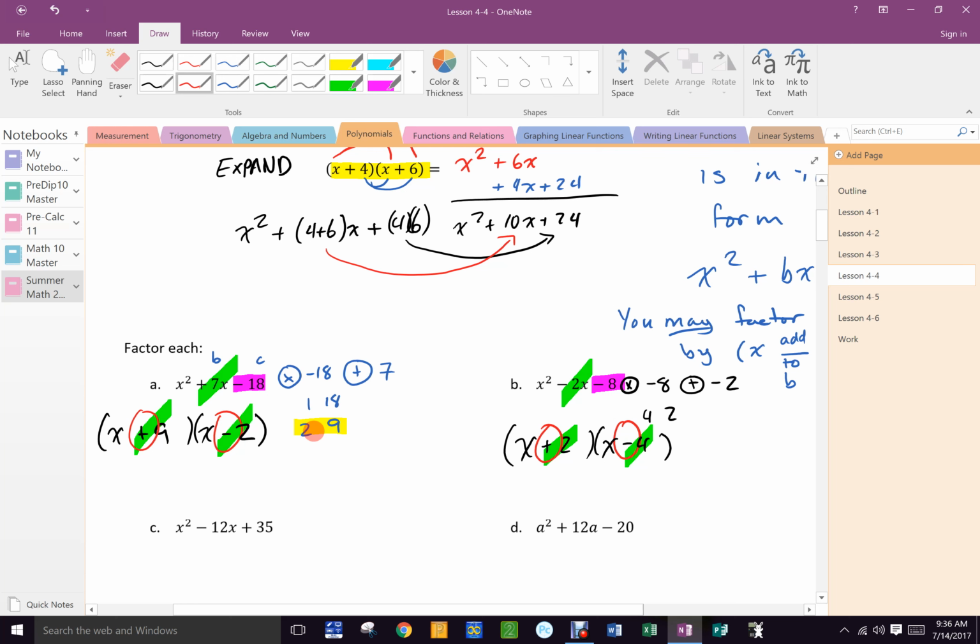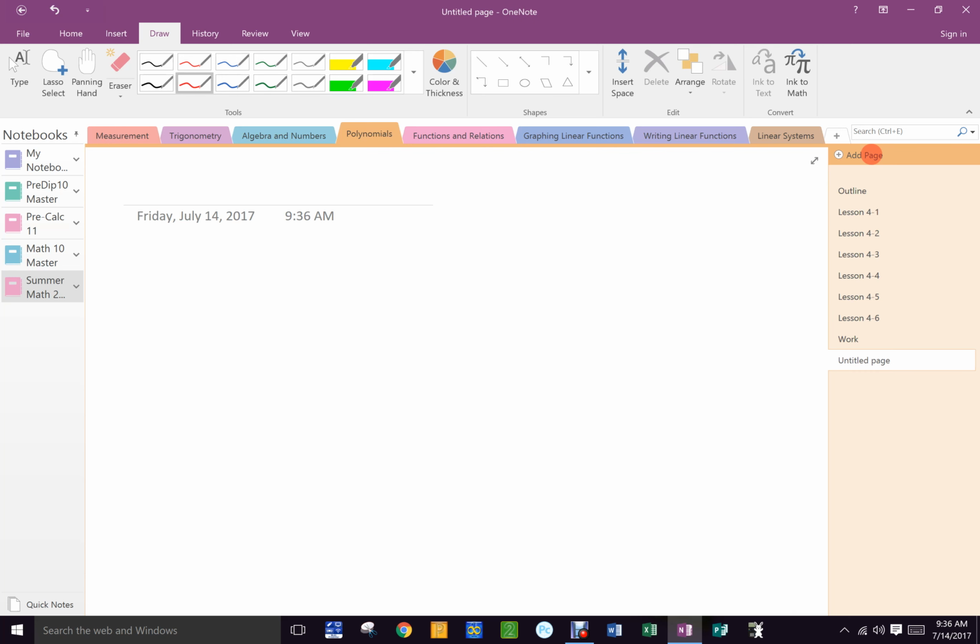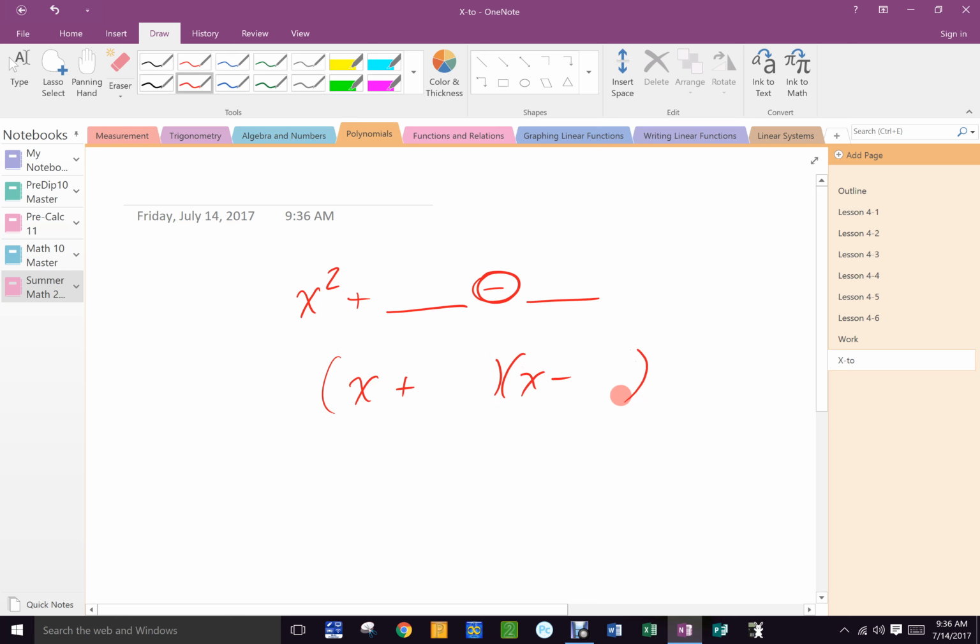Always. So don't write this down. You should be thinking this. If I have x squared plus anything minus anything, as soon as I see that minus, my answer has to be x plus and x minus, doesn't it? Right away, you can do that. I'm halfway through the question without actually knowing any math. Everybody with me?